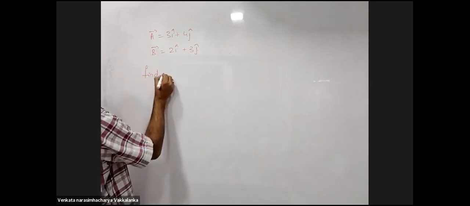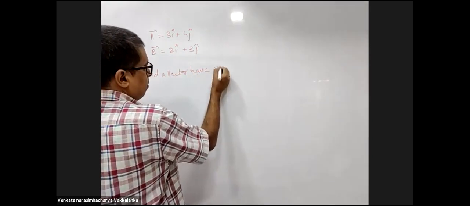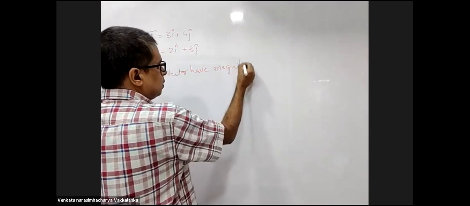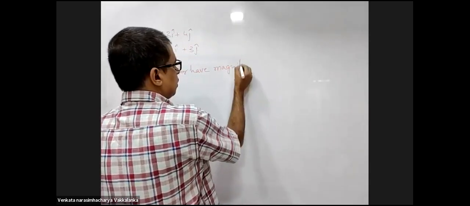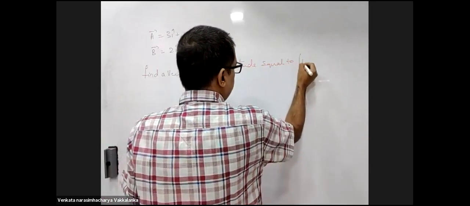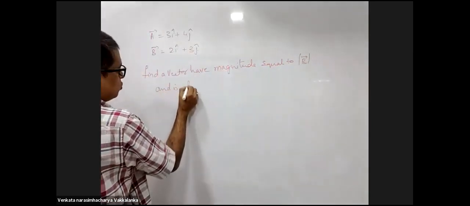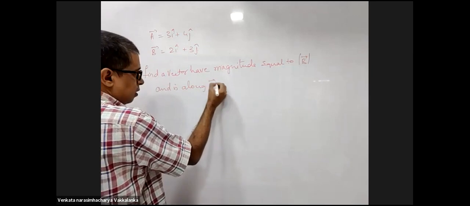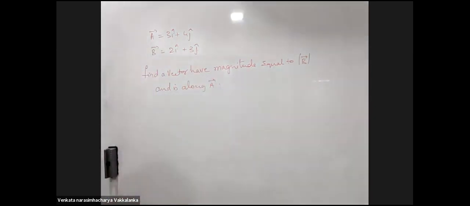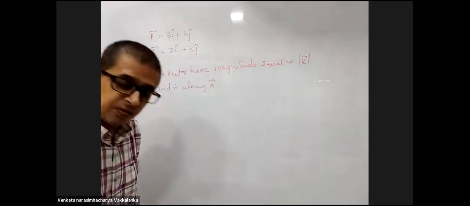Find a vector having magnitude equal to B and is along the... what did they ask you? Find a vector whose magnitude is equal to that of B but is along the direction of vector A.